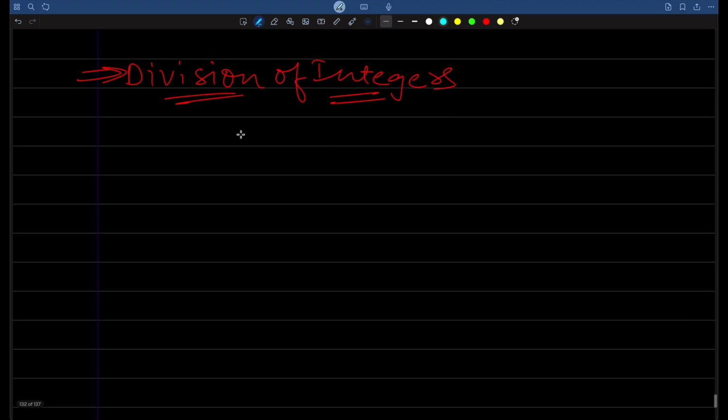We have four rules in multiplication, that is plus into plus is plus, minus into minus is plus, then we have plus into minus is minus and minus into plus is minus.